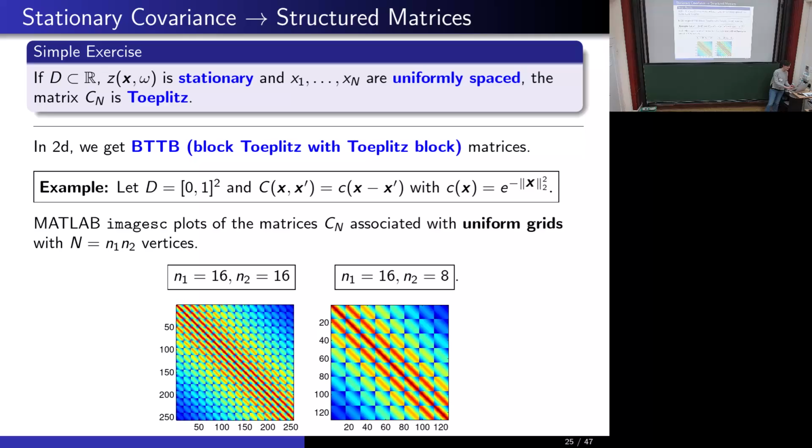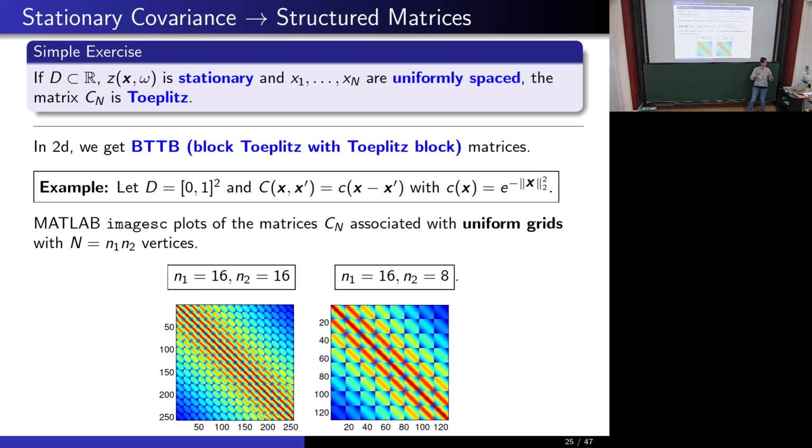I don't know what the Python equivalent is, so maybe someone can figure this out and tell us tomorrow. In MATLAB you can give it a matrix and it will show you an image where each pixel represents one entry in your matrix, color coded according to the numerical value of that entry.